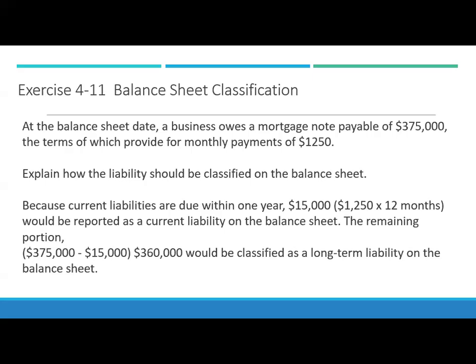So the interest portion has not been accrued yet. So technically, the interest portion is not even on the balance sheet yet. So if this payment was $1,250 in principal payment and then another $250 or $400 in interest or something per month, that interest portion would not show up on the current portion. So I just wanted to put that out there.